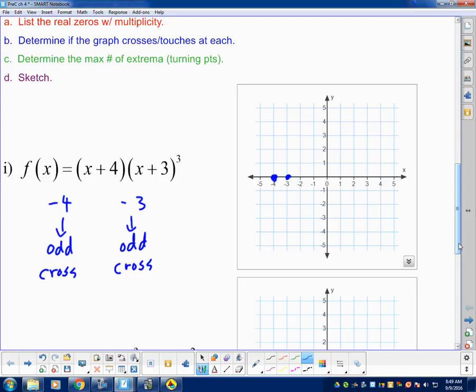So what degree is this? Yeah, it's 3 plus 1. So the degree is equal to 3 plus 1, or 4. And so determine the max number of extrema.